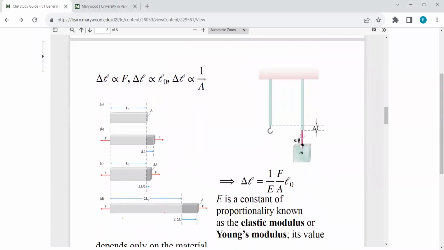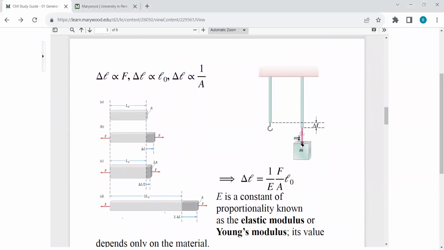Now, even if the object is not elastic, not like a spring, even if we have a metallic rod, it also shows a similar property and more. Let's say we have a metal rod, something like this, and you add some mass here on the hook.